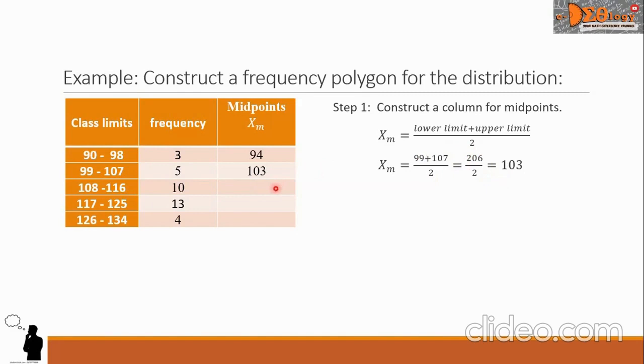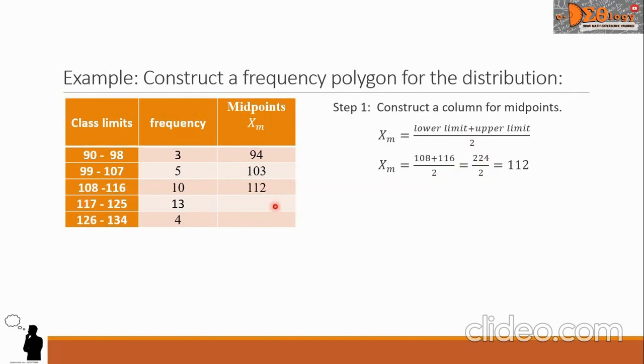The third value here is 112. That is 108 plus 116 divided by 2. The sum of the numerator is 224, and this is divided by 2, so we get 112.